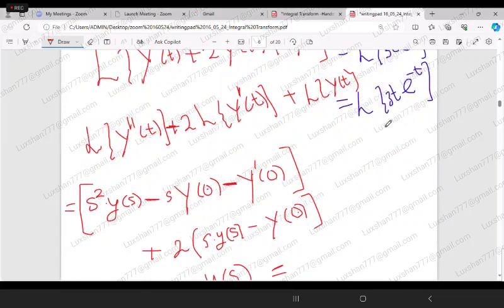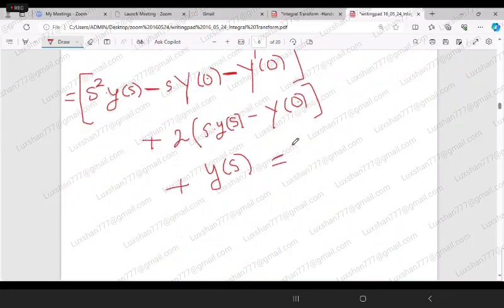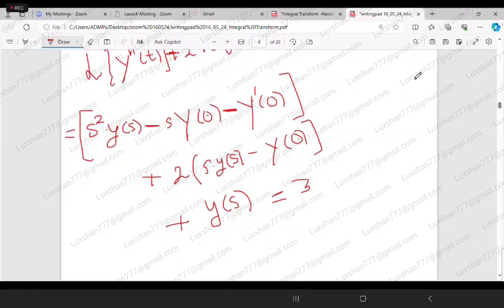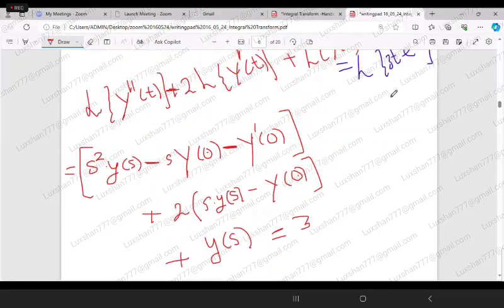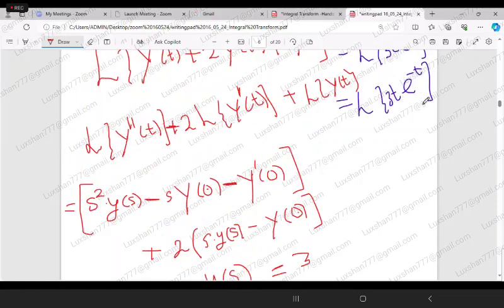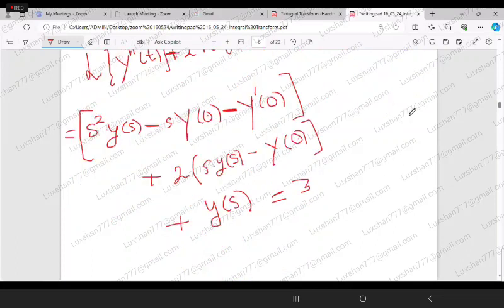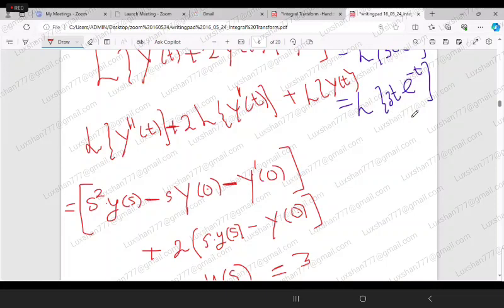Laplace transform of 3t into e to the power minus t. Can anyone tell me the answer of this one? What is the Laplace transform on the right hand side, 3t into e to the power minus t? So that is 3 into the Laplace transform of t, then multiplication by e to the power at. Can anyone tell me the Laplace transform of 3t into e to the power minus t?